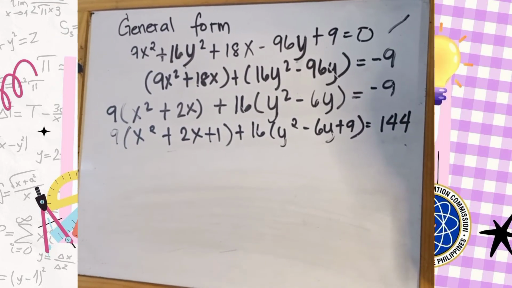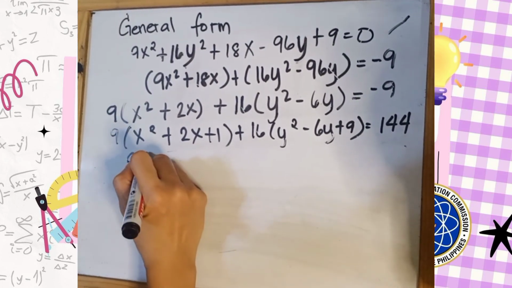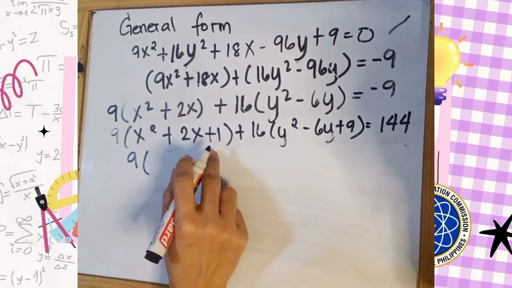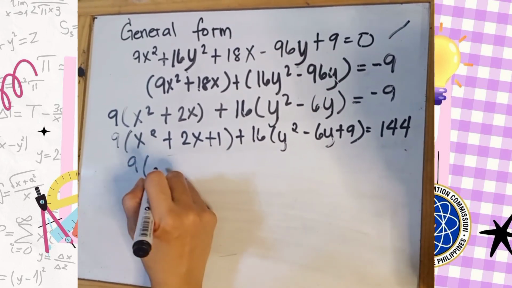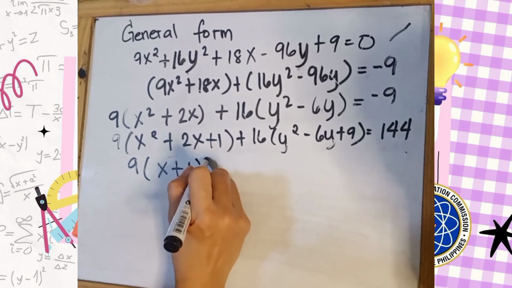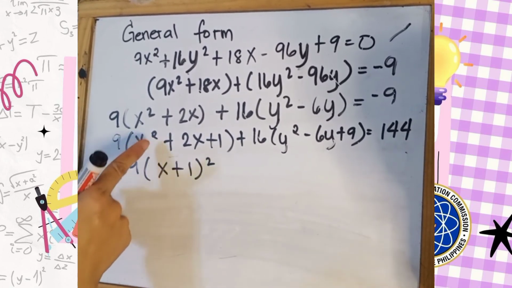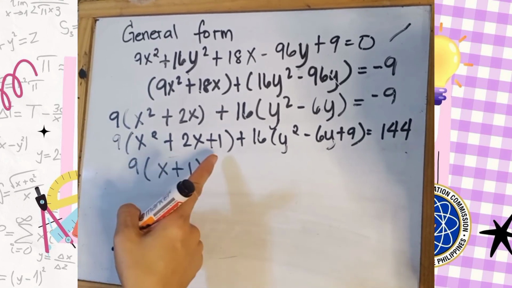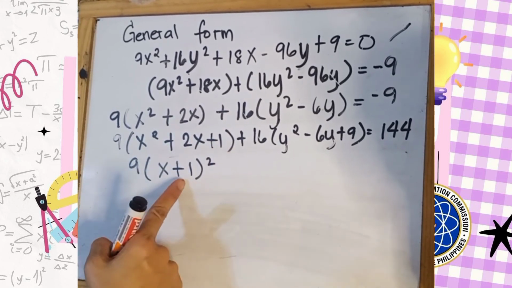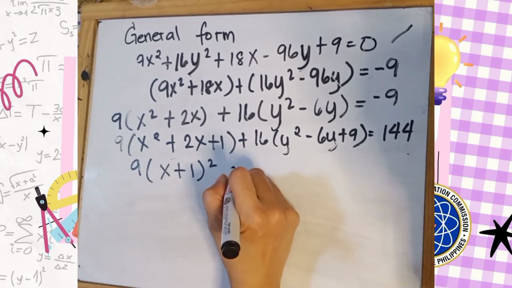Okay, so let's now simplify our answer. So, let's have here 9. X squared plus 2x plus 1, that is equal to x plus 1 squared. Paano natin nakuha? Square root of x squared, that is x. Square root of 1, that is 1. And then squared. So, x plus 1 squared.